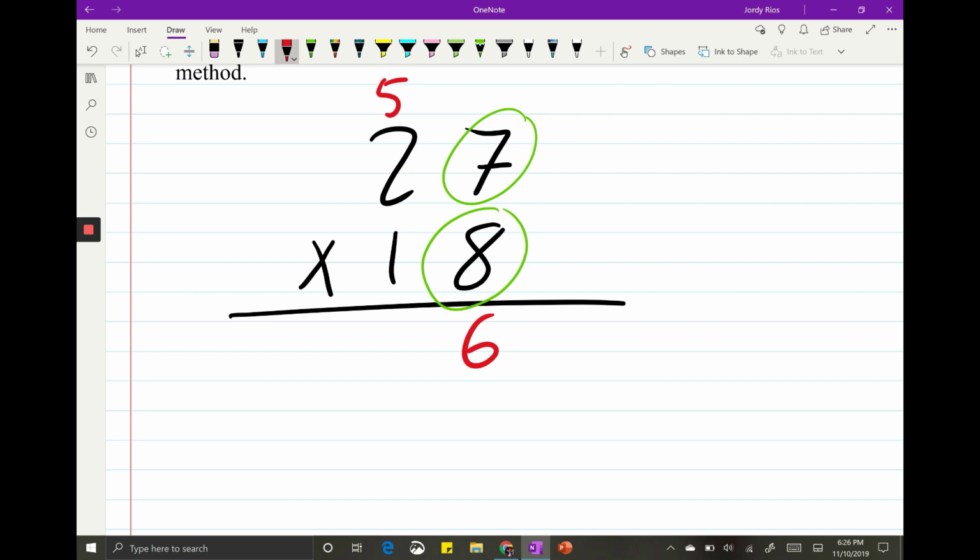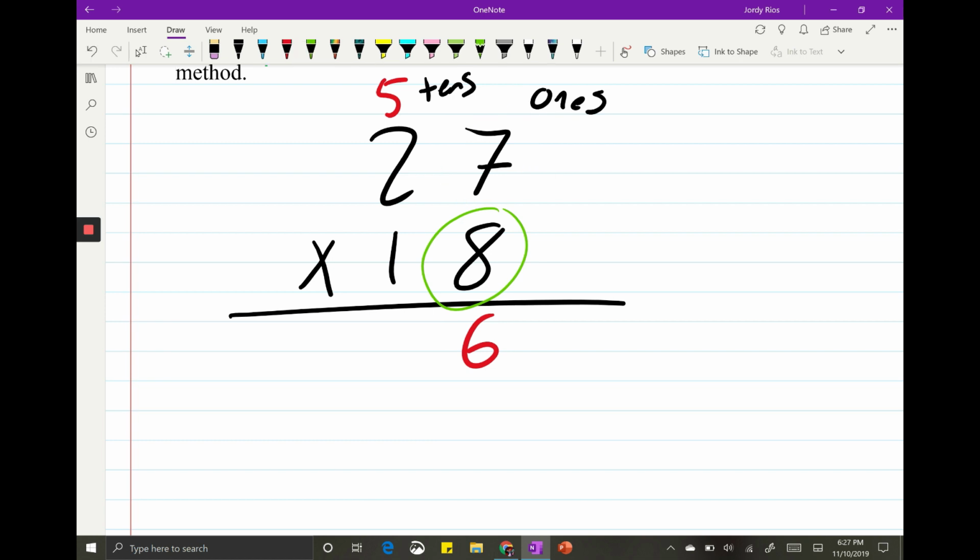So my 6 goes down here and my 5 goes up there because remember, this is the ones and this is the tens. 2 digits cannot go in one place value. It has to go on to the next place value. My 5 has to go to my tens place area, okay? All right, so let's go.